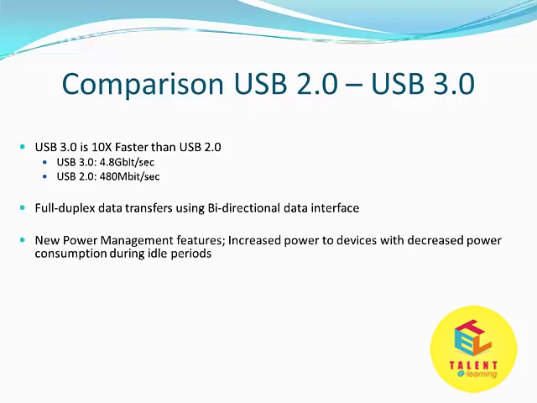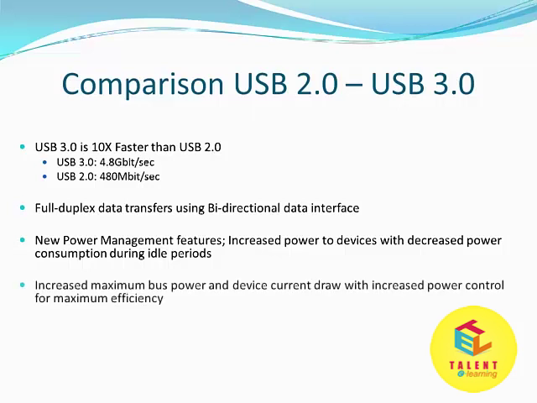New power management features: increased power to devices with decreased power consumption during idle periods, increased maximum bus power and device current draw with increased power control for maximum efficiency. 100% backward compatible with USB 2.0.